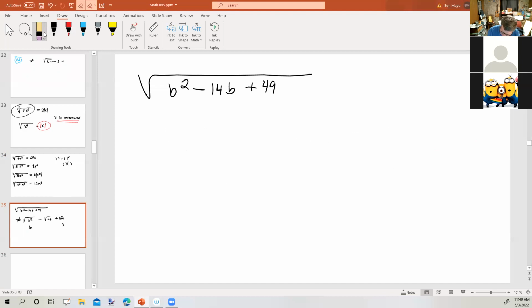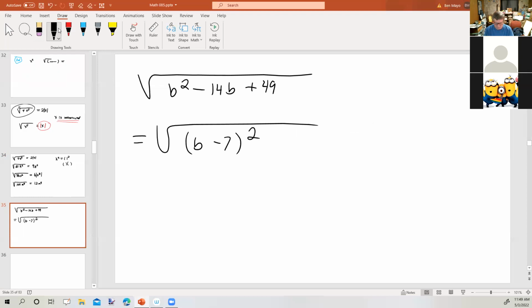But what we can do is factor this into a perfect square trinomial with 2 identical factors. Then the square root would be b minus 7, except the restrictions still apply. This was still under that same set of problems. So b, the variable, could be any real number. So we can't make this a negative answer, so we need absolute value bars around it. Okay? Any questions there?